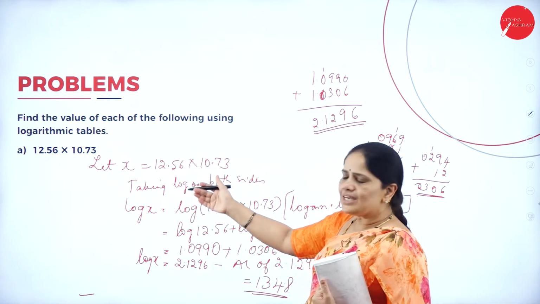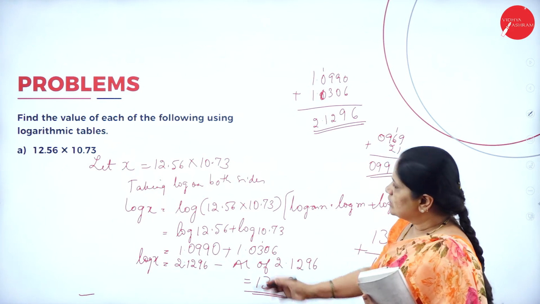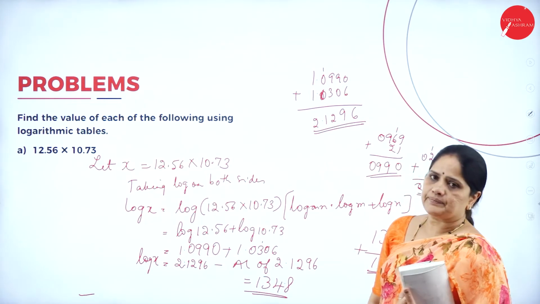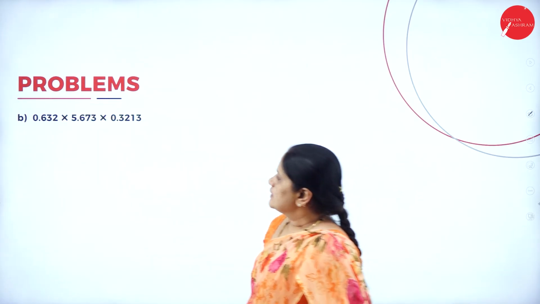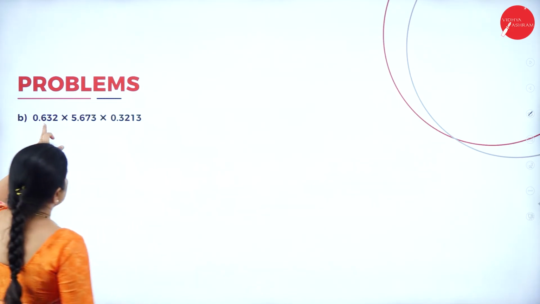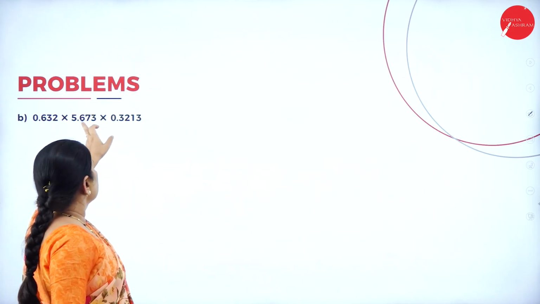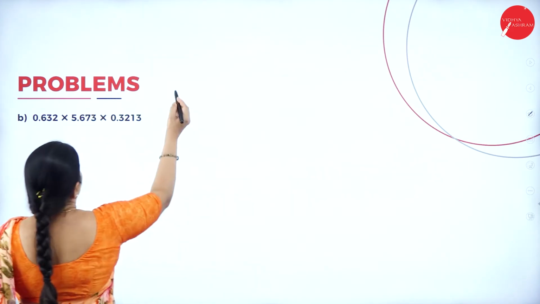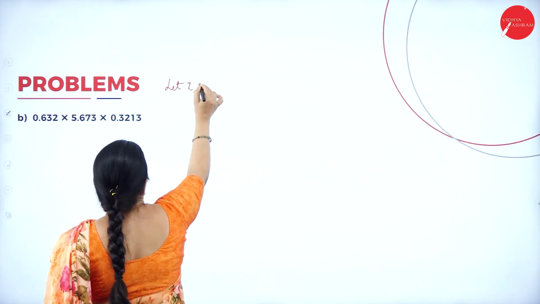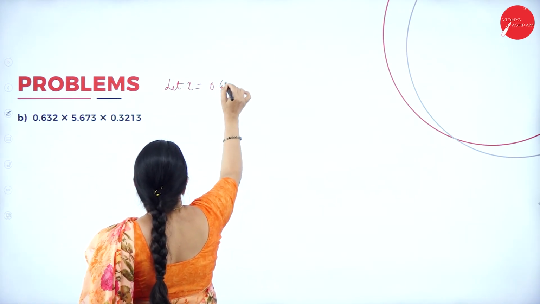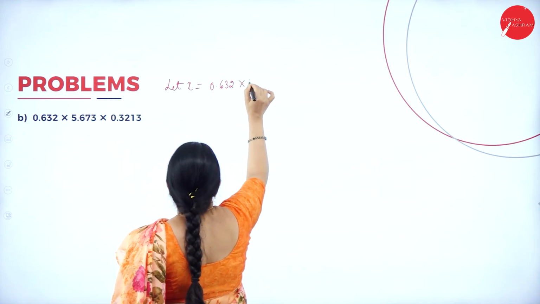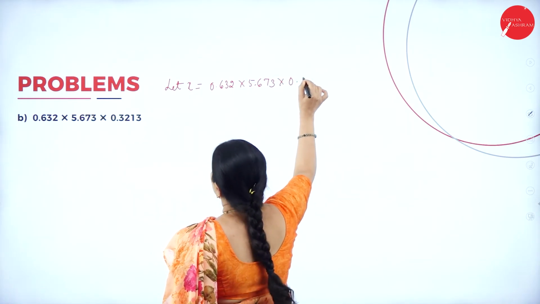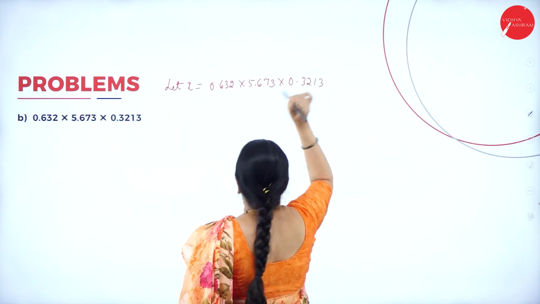So we have made use of the log table and found out the value of 12.56 into 10.73. Now here, 0.632 into 5.673 into 0.3213. So let x be equal to 0.632 into 5.673 into 0.3213.